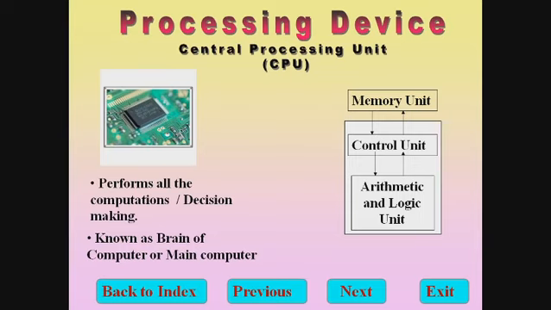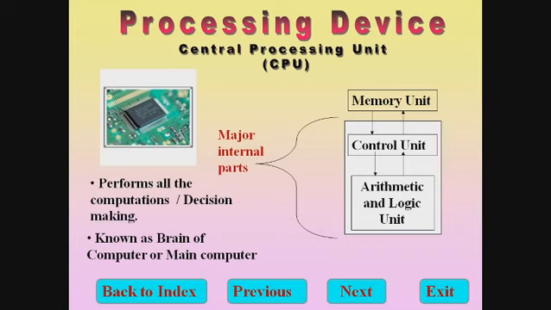Now let's see the main internal parts inside this processing unit. These are the control unit and the arithmetic and logic unit. The control unit controls all the other hardware parts of your computer, and the ALU performs arithmetic and logical jobs.